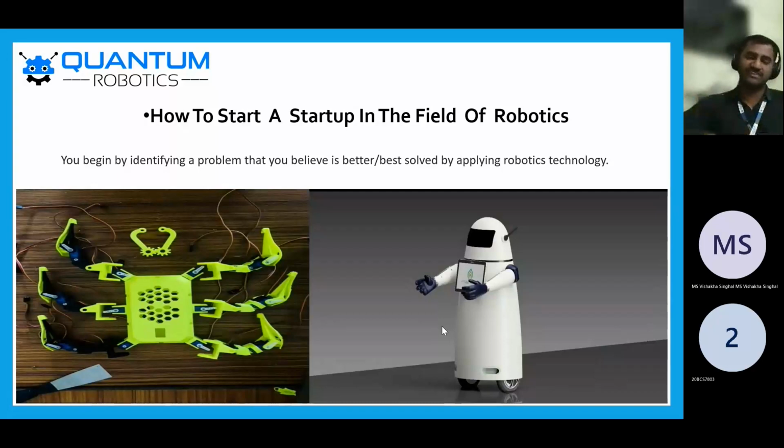Our Quantum Robotics has been certified as an MSME, and not only in the manufacturing sector, we have been certified in the service sector also, and our company has been trademarked. All these certifications we have to do first, and only then can we go to the market.